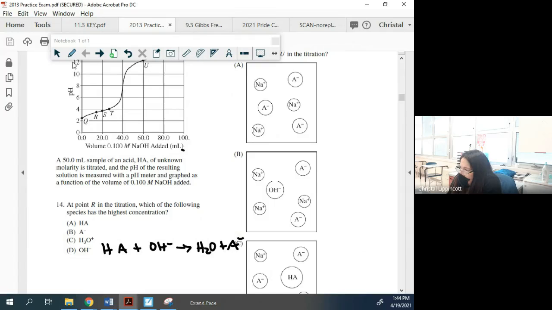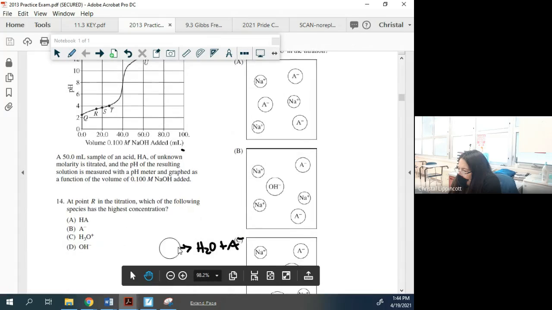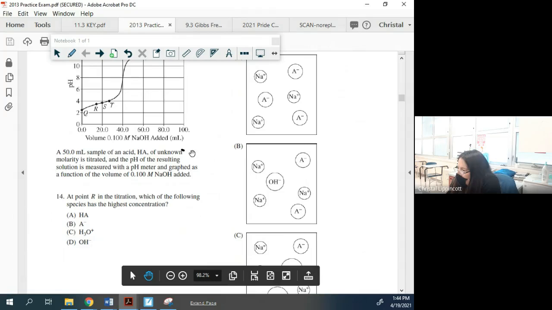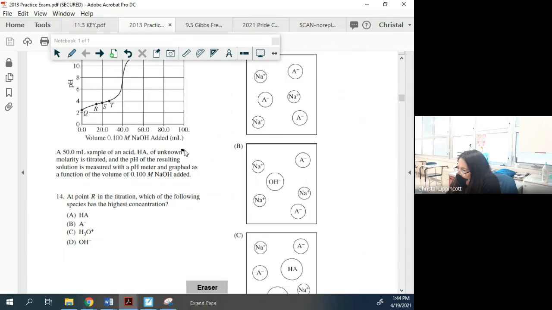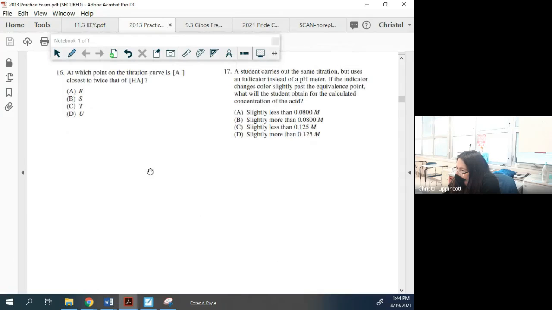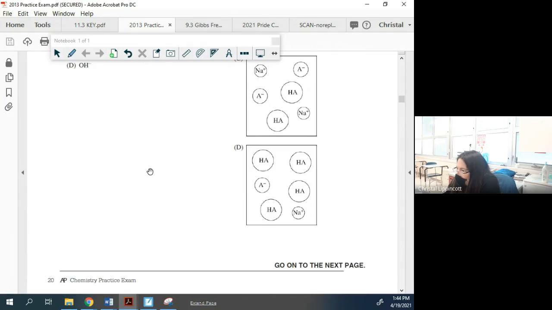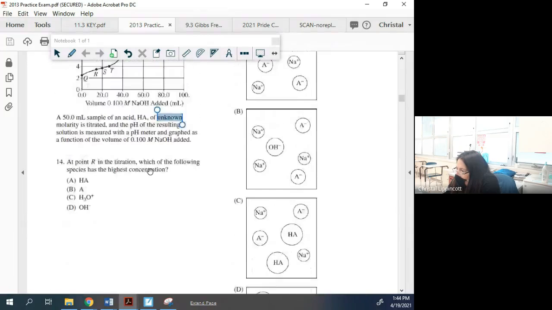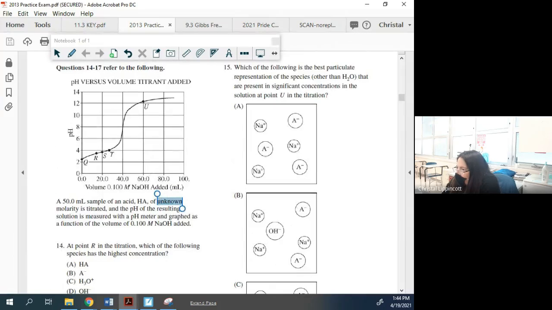All right, work on 16. Which point is A minus closest to twice HA? So HA equals 2A minus.